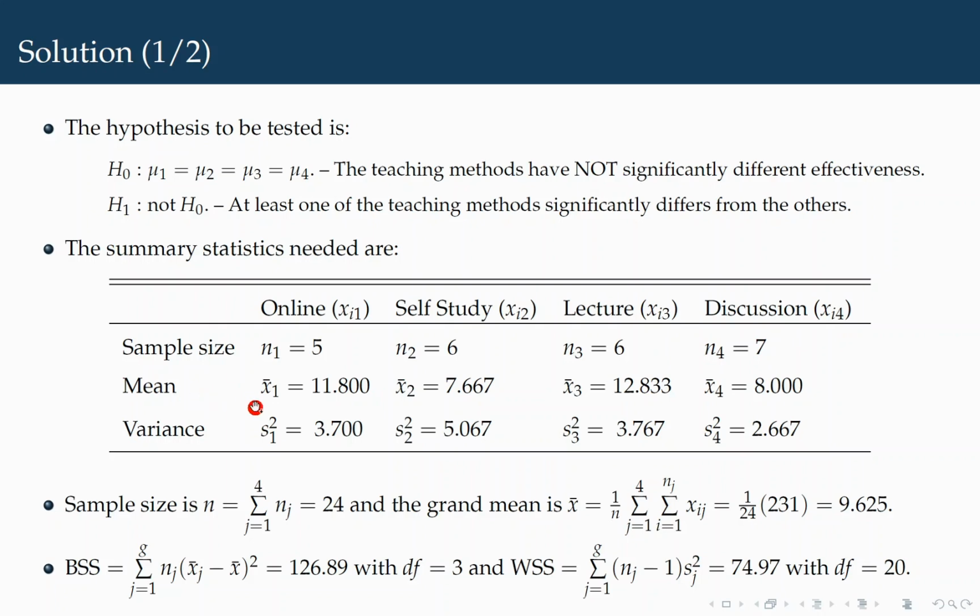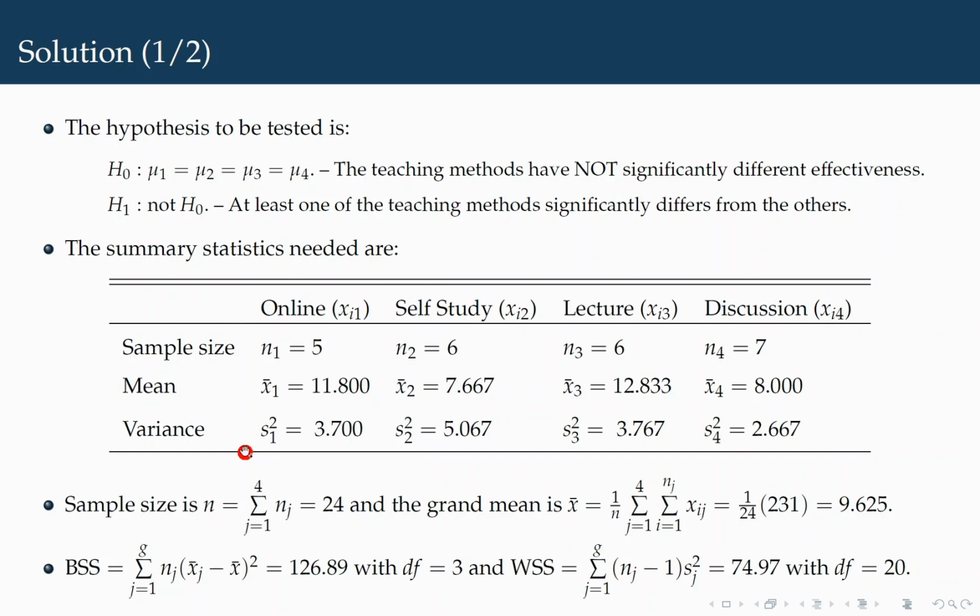So here the sample mean performance in the online group is 11.8, and the mean performance of the self-study is 7.667, and the mean performance in the lecture method is 12.833, and that of discussion is 8. So here these sample means are different. So this represents something like the between variation, or the variation due to the difference across the teaching methods.